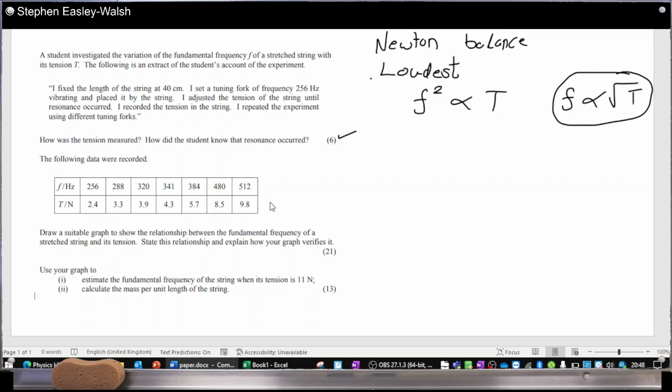Frequency should really be on the x-axis because it is the independent variable, and the tension is what you measure in response to the change in frequency. That's the dependent variable. That should really be on the y-axis. So it should be, well, the root of it, but x and y that way around.